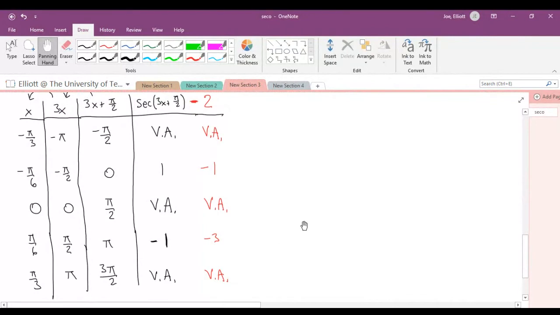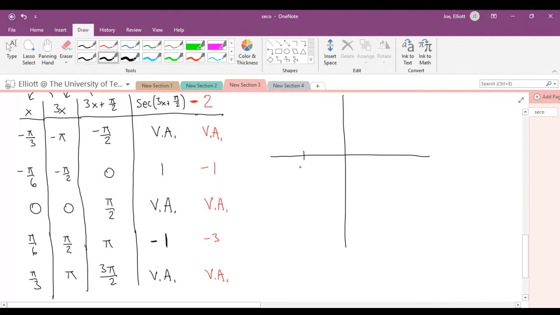All right. So now that I have the values of x plotted out in this table, I can use my x values and my function values in order to discuss some of the graph now. Let's see here.